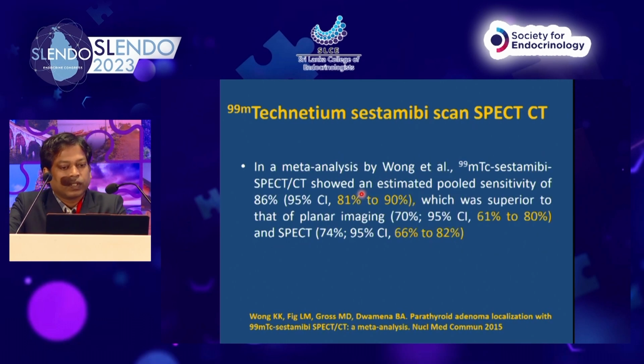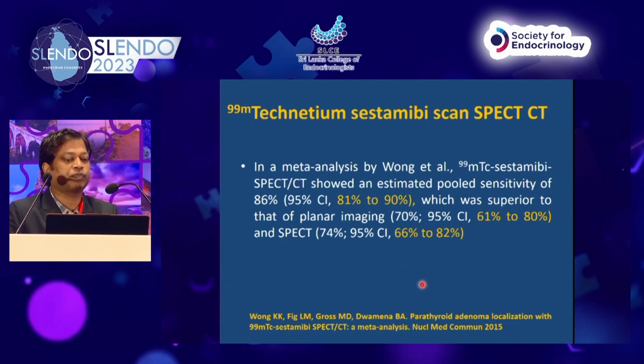So this is the meta-analysis showing the efficacy of MIBI SPECT scan in the diagnosis of hyperparathyroidism. The overall sensitivity is 81 to 90%, which is superior to only planar imaging or only SPECT imaging.